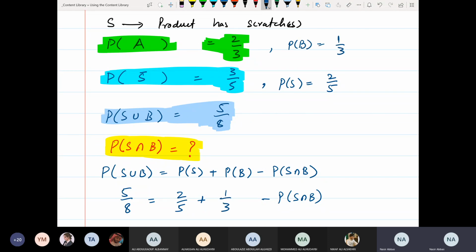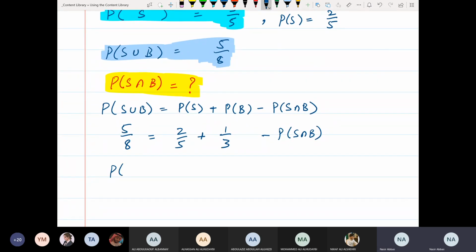So you solve this equation for S intersection B, and you get the final answer, which is 0.1083. So probability of S intersection B is 0.1083. Any question from this problem?